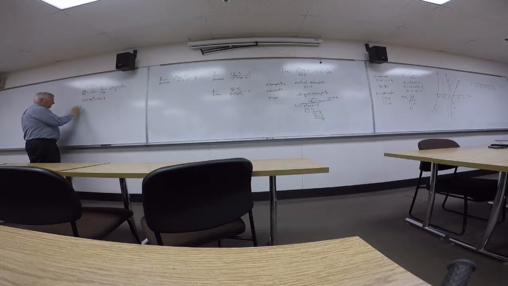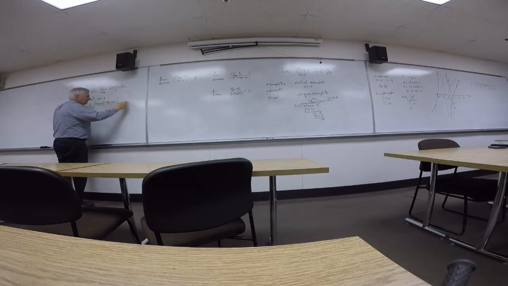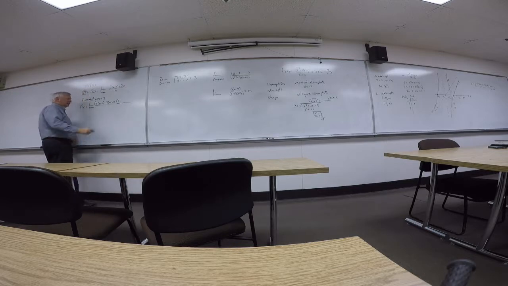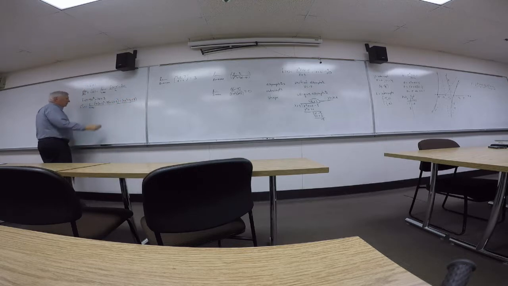So f prime of x is the limit as h approaches 0 of 4 times (x plus h) cubed minus 7 times (x plus h) plus 3. That is my function evaluated at x plus h, minus my function 4x cubed minus 7x plus 3, all divided by h.